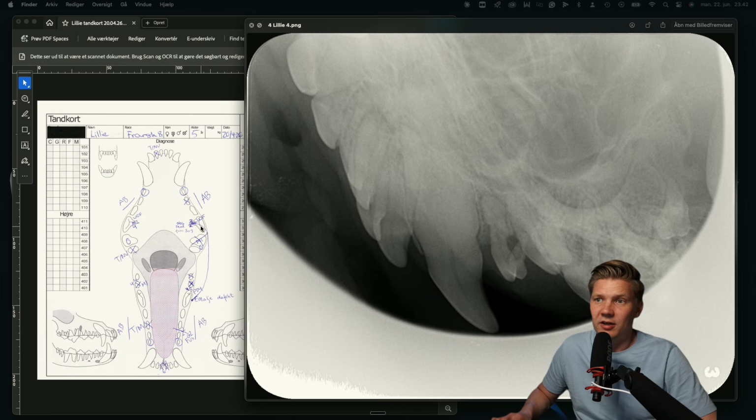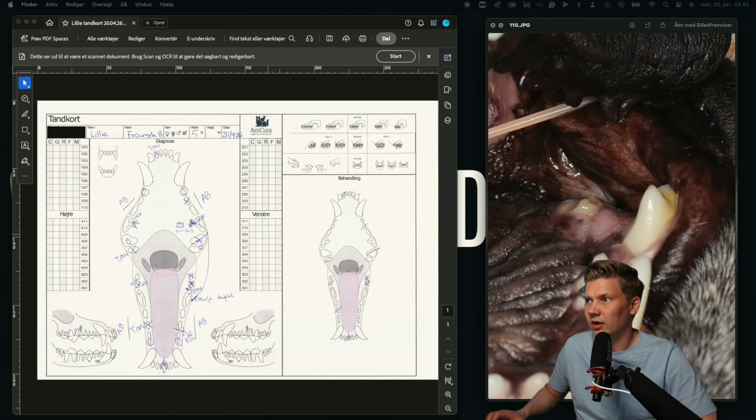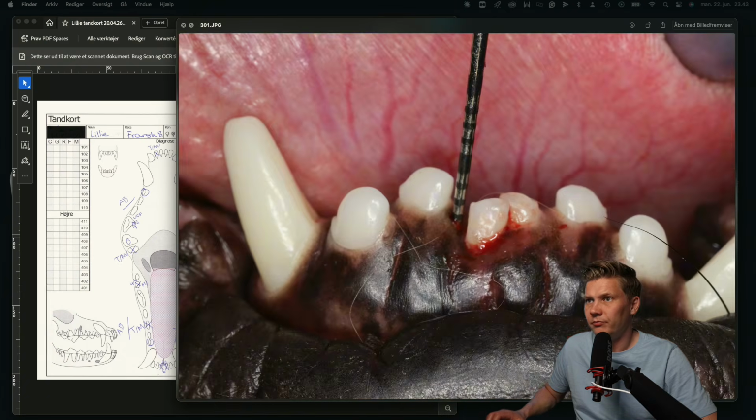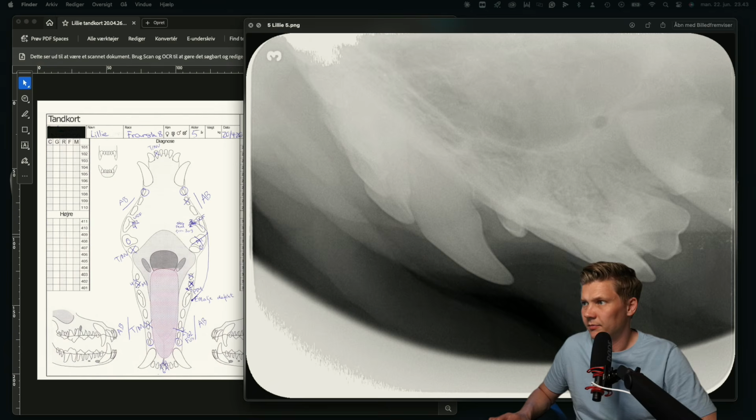On the dental chart here, I wrote that there is again some fracture on this tooth, and we have to extract 209. And let me see if I have... no, I don't have a picture of 209 right now. Except for this one. So it looks normal on this picture, but let me see.